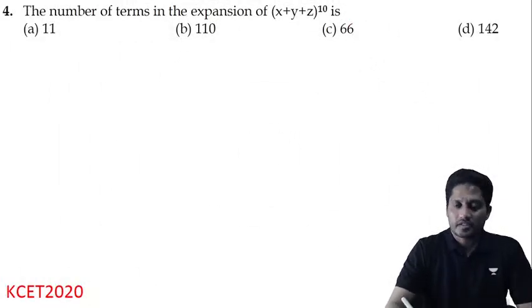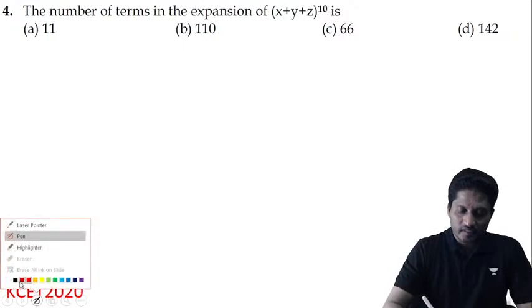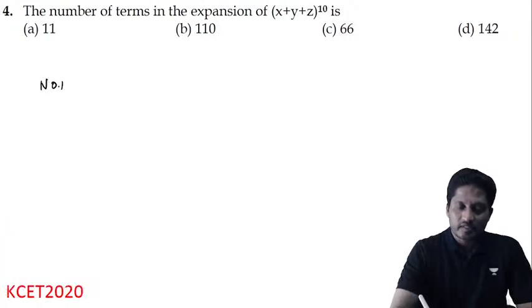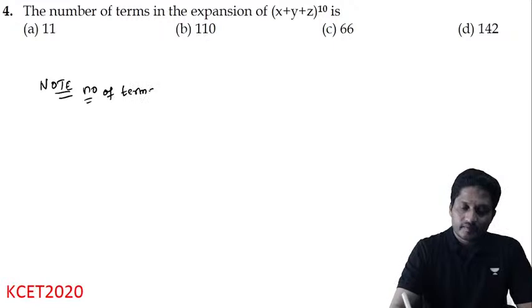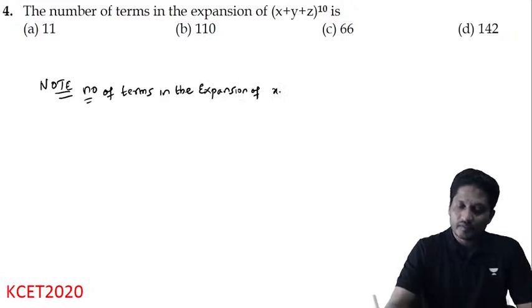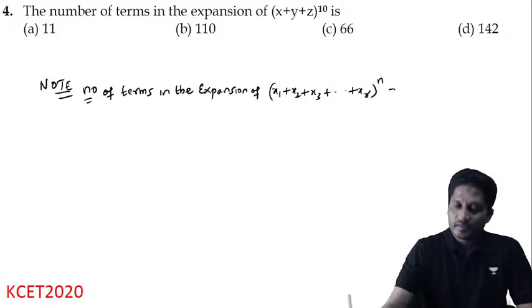Number of terms in the expansion of, I'll just give you the general result. Number of terms in the expansion of (x1 plus x2 plus x3 and so on up to xr) whole to the power of n is equal to (n plus r minus 1)C(r minus 1).